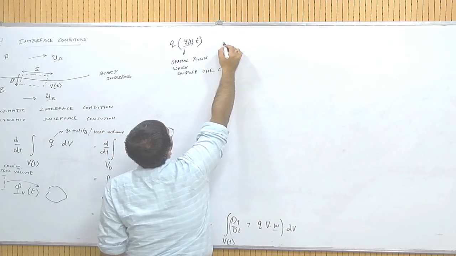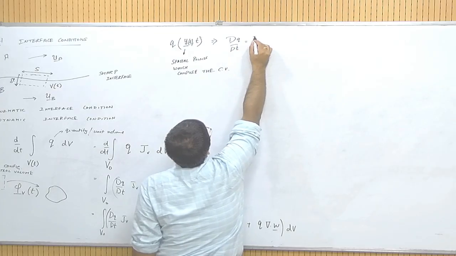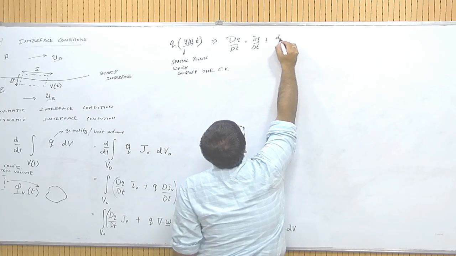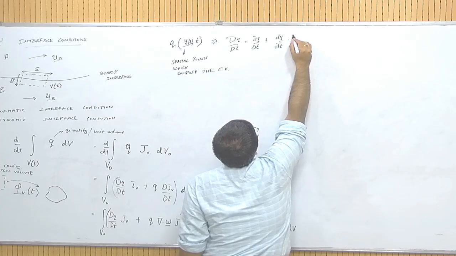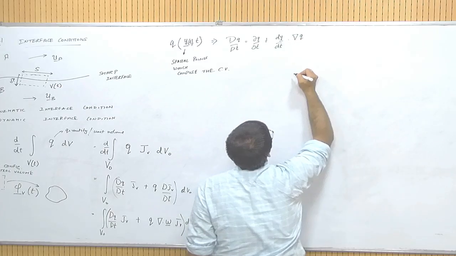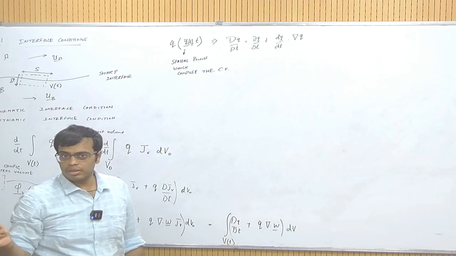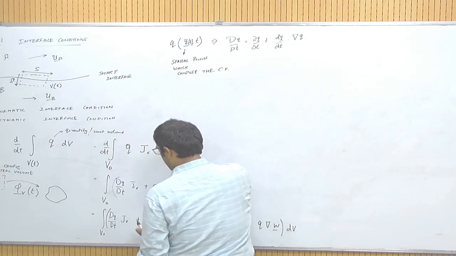So, dq by dt is going to be del q by del t plus dy over dt dot gradient of q. Gradient is with respect to points in the control volume, and this dy by dt is what I have defined as w.